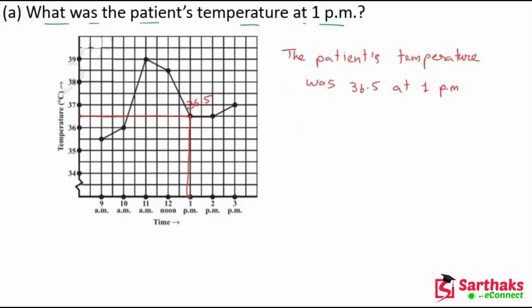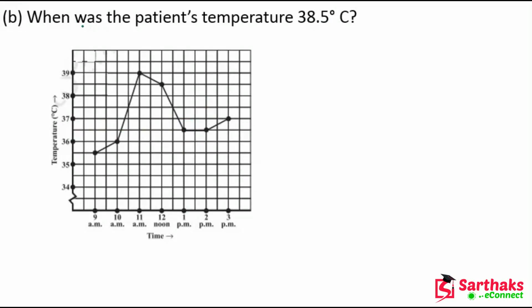Now the next question is, when was the patient's temperature 38.5 degrees centigrade? You can see that 38.5 is here. If you draw a line parallel to the y-axis, it goes to the x-axis at 12 noon.